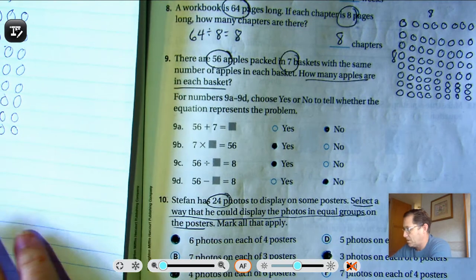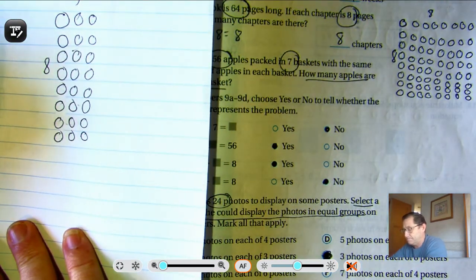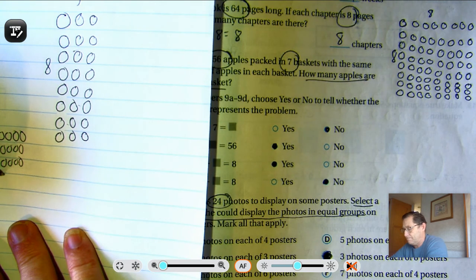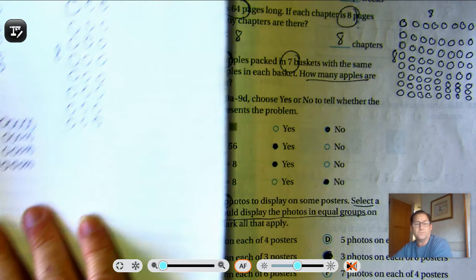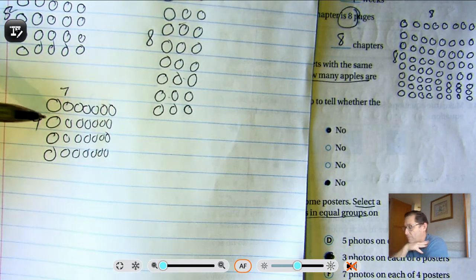And 7 photos on 4 posters. So 4 rows of 7. 4, 8, 12, 16, 20, 24, 28.